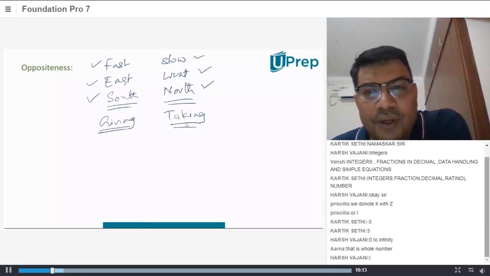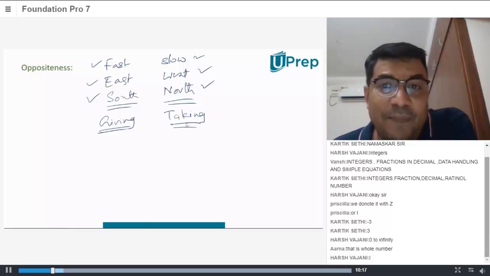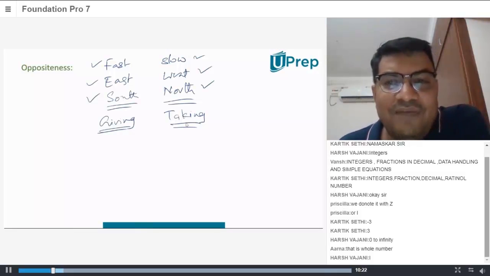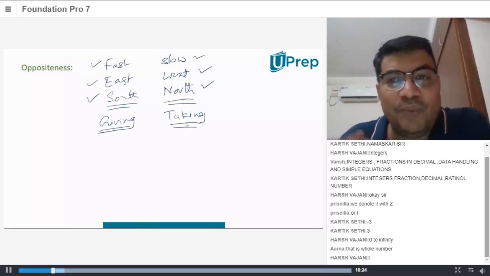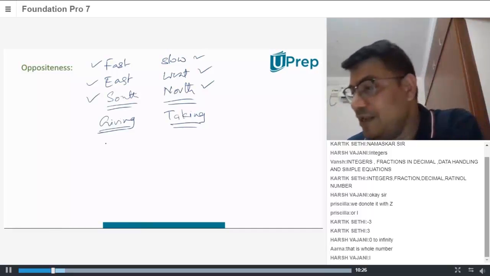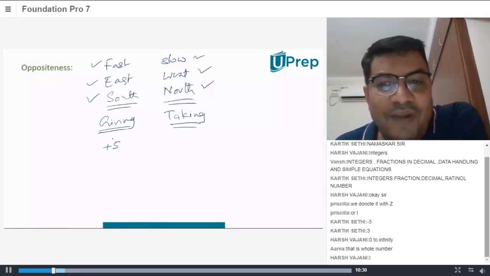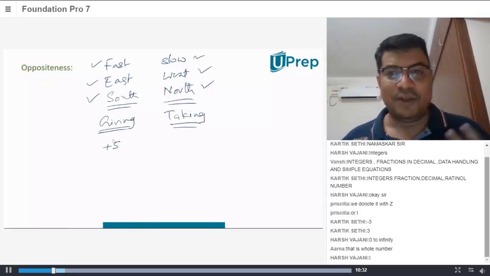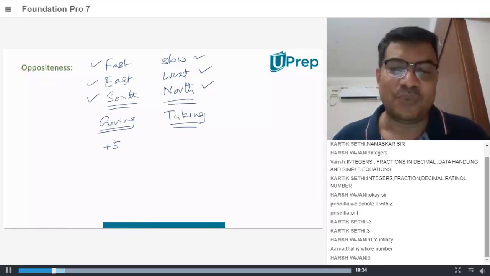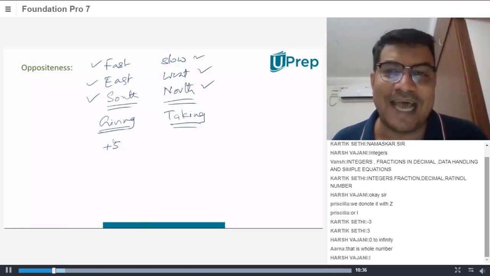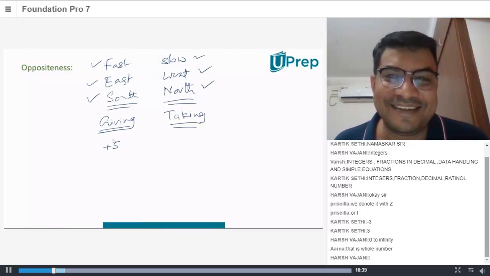Say for example, if I represent giving 5 chocolates to someone, if I assume giving is a positive thing, so I'll write it as +5. So giving is a positive thing, right? Because when you give 5 chocolates to your friends, will you make them happy or sad? Happy.